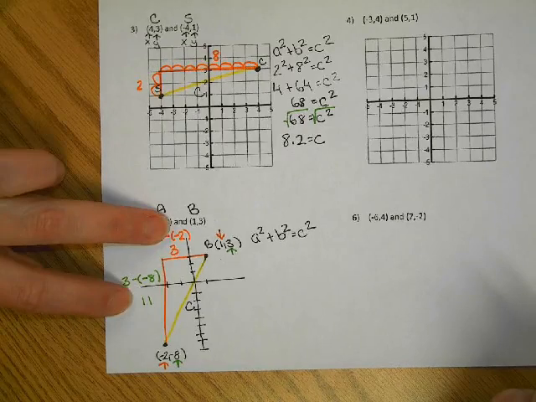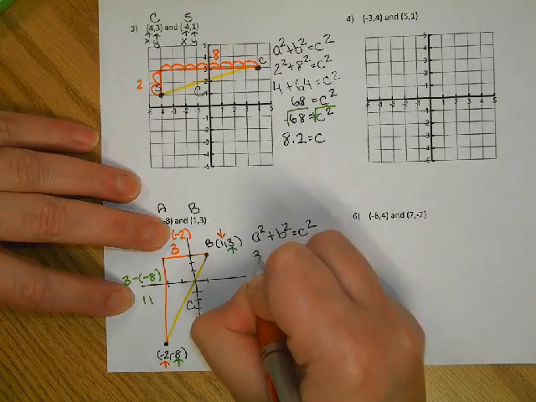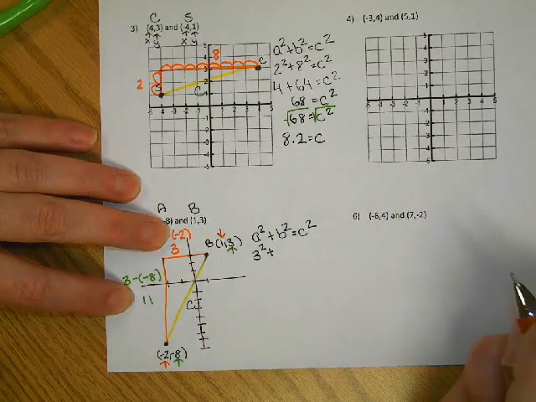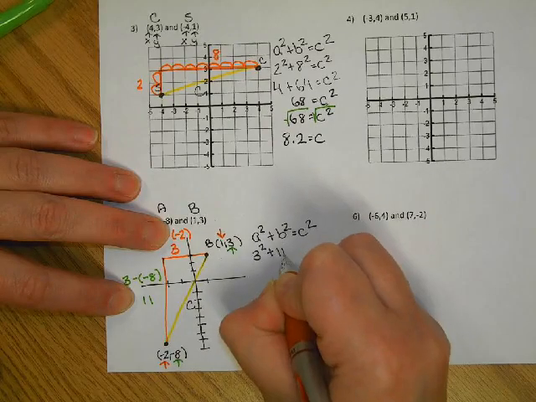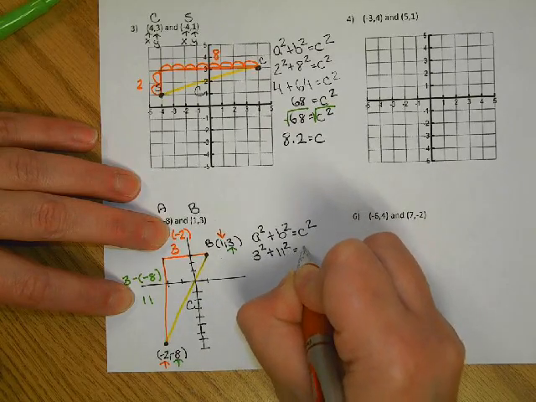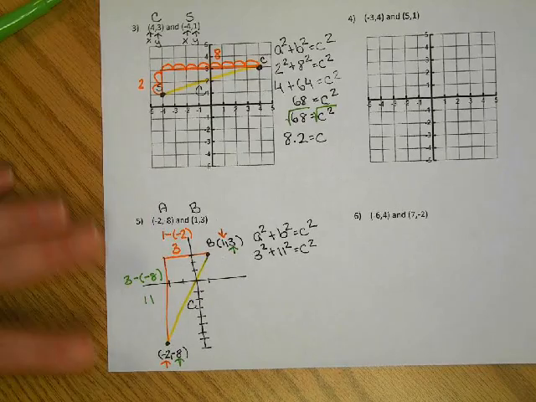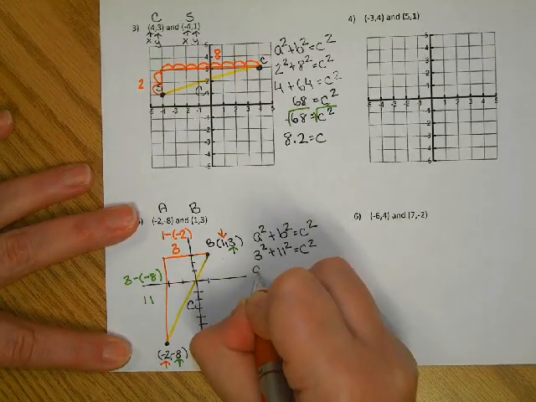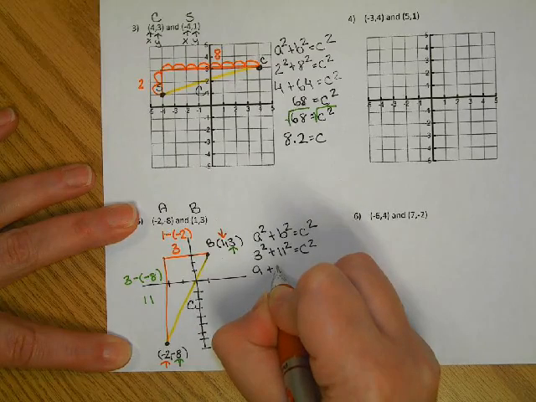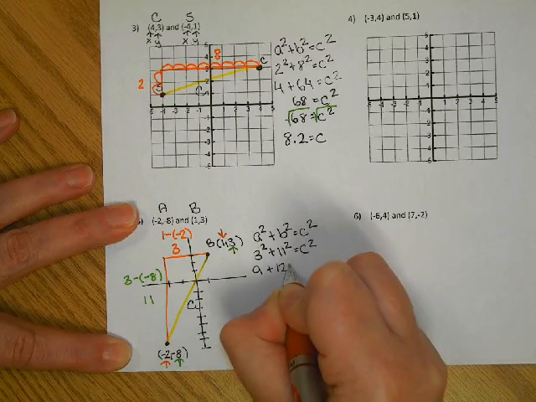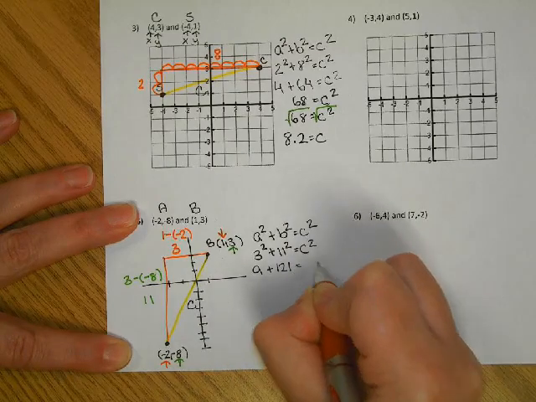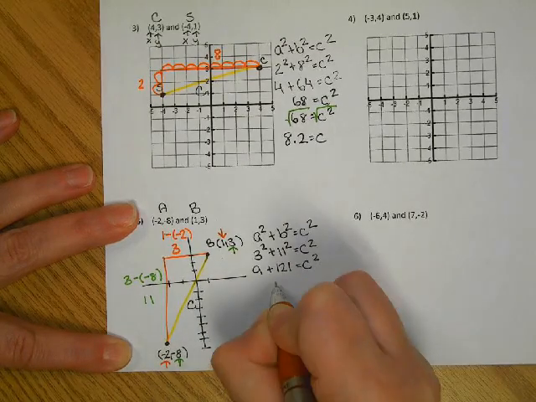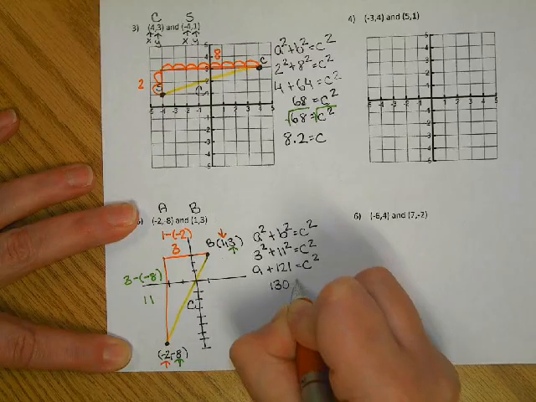Nope. 3 or 11, either one. So 3 squared plus 11 squared equals C squared. What is 3 squared? 9. And 11 squared? 121. So that gives us 130.